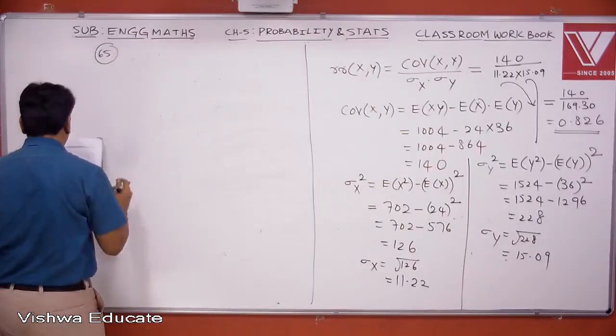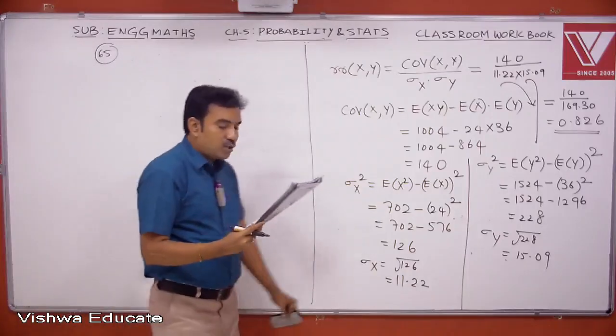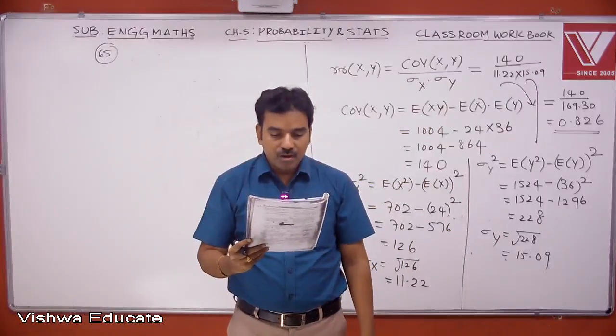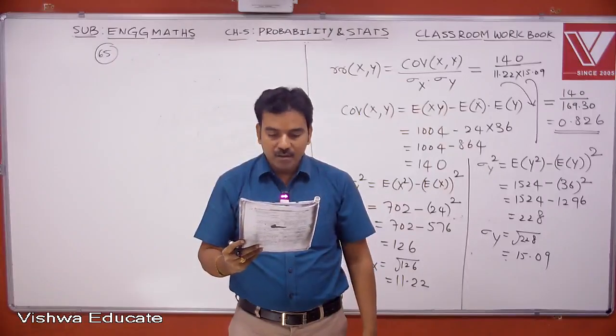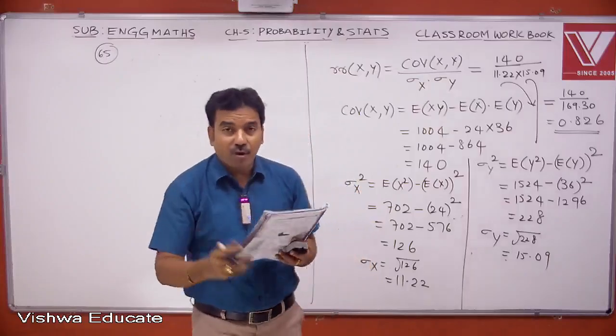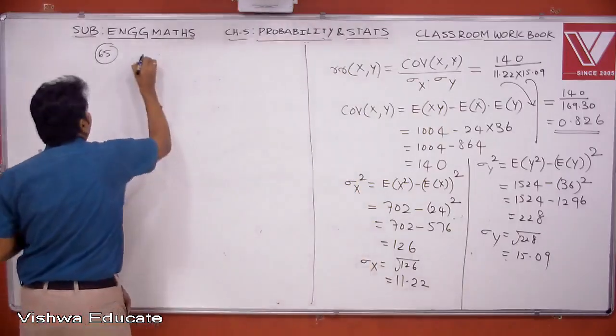Question number 65. Three values of x and y are to be fitted in a straight line in the form y equal to a plus bx by the method of least squares. Given sigma x, sigma y, sigma x square, sigma xy. Three points are given, that means n value is 3.